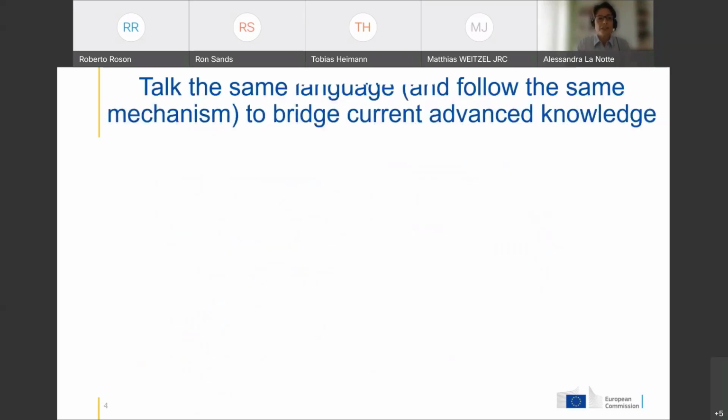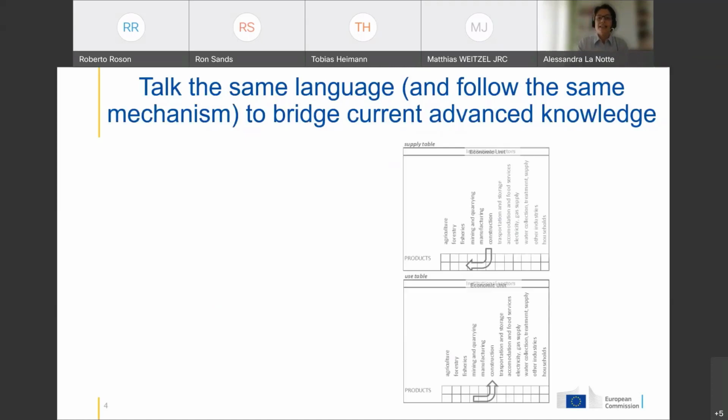We think the best thing to do is to take the best available knowledge in each field: the ecologists who create the ecological model, the economists who create the economic model, and try to bridge these two spheres.